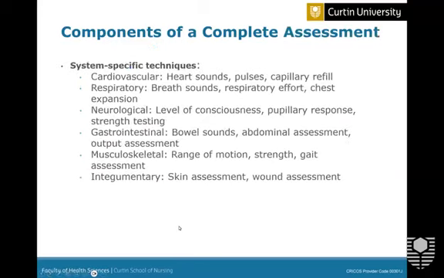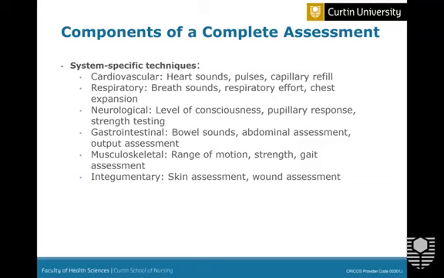So when we're looking at specific systems assessment, and each week you're going to be exploring something further, you'll be doing cardiovascular, so for example heart sounds, pulses, capillary refill. Respiratory assessment may look at breath sounds or respiratory effort and chest expansion.